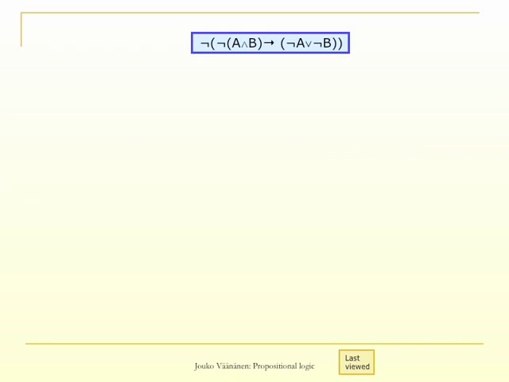We start with the negation of the formula to be proved. So in this case it is a negation, ¬(¬(A ∧ B) → (¬A ∨ ¬B)), twice. And first we use the implication rule.